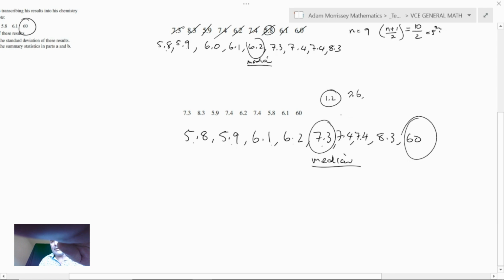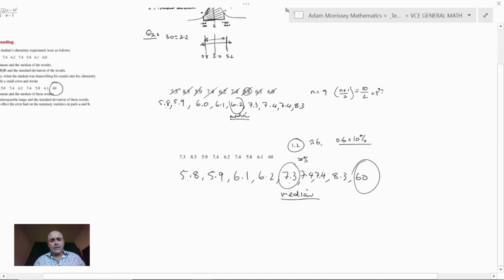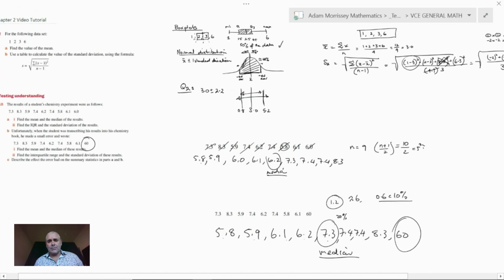So maybe that's a 20% increase, 0.6 being 10%. So a little change, but because these are small numbers, percentage-wise that is still a big increase.